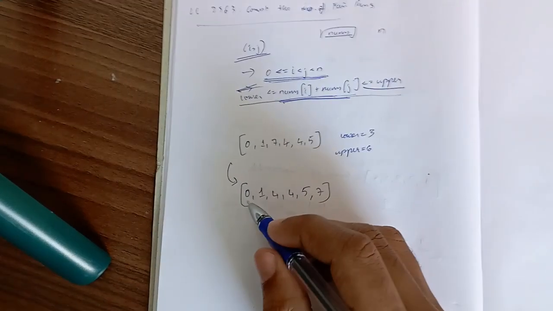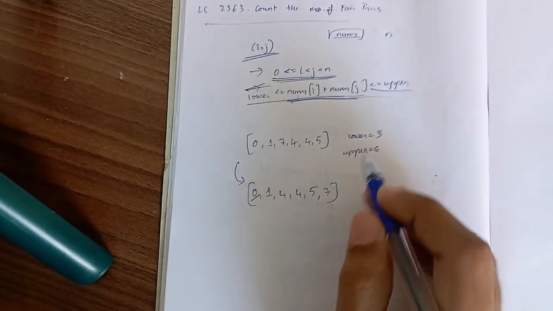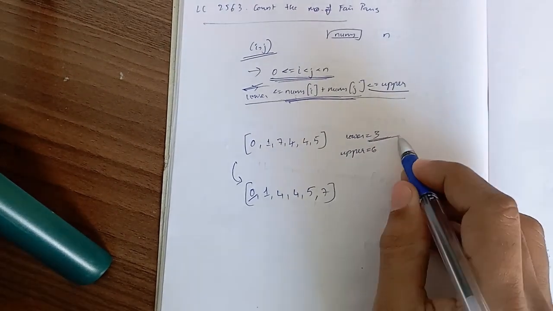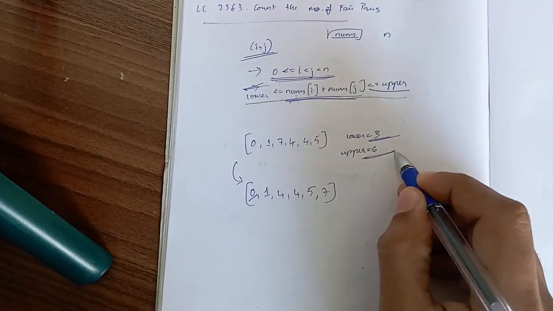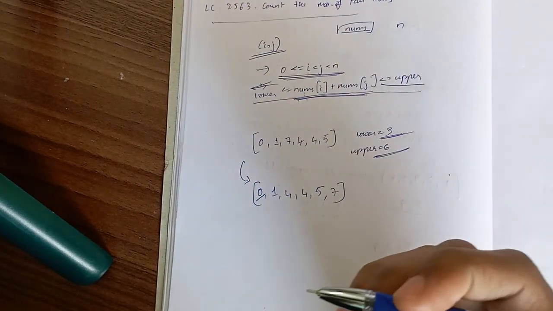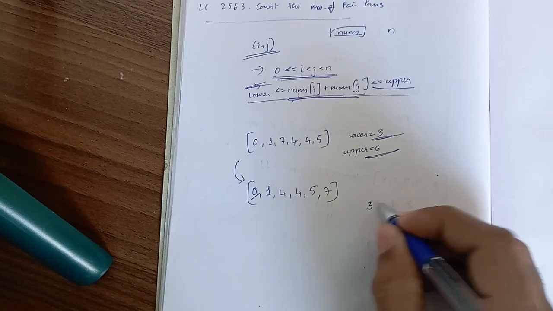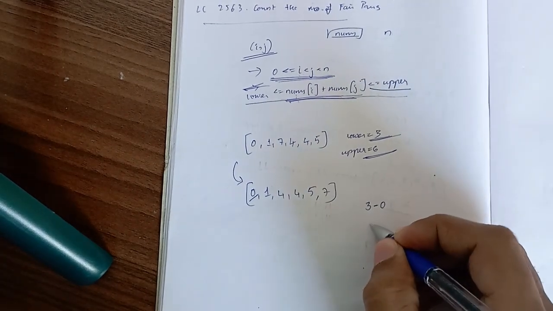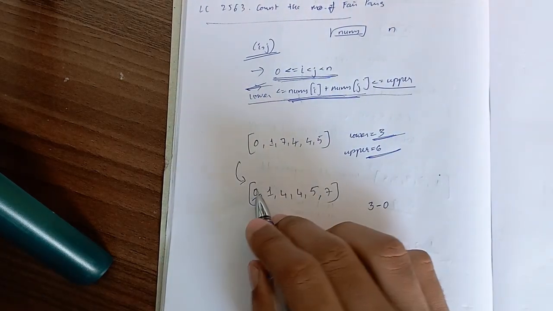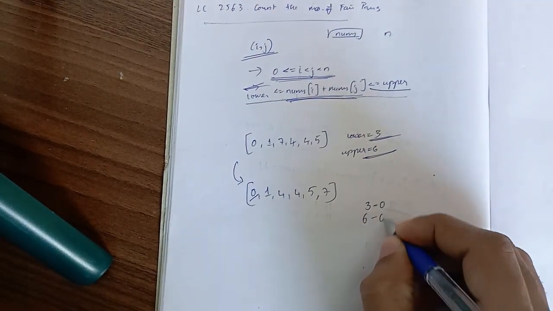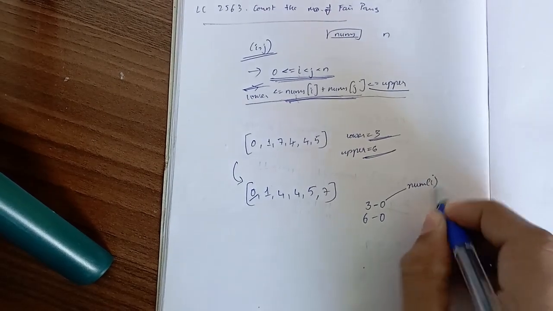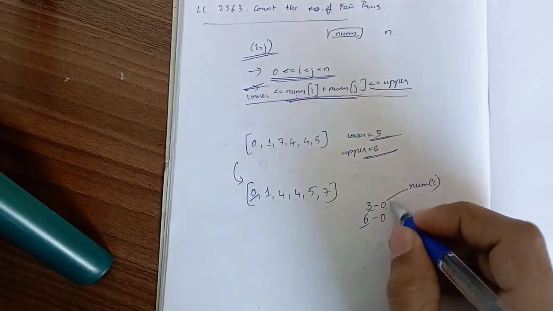Think about it, when we are at 0 the lowest sum we can get is 3 and the highest sum we can get is 6, so we need to know the lowest number, that is 3 minus 0, and the highest number which we can add to this number is 6 minus 0. This is nums of i, and this is lower and this is upper.